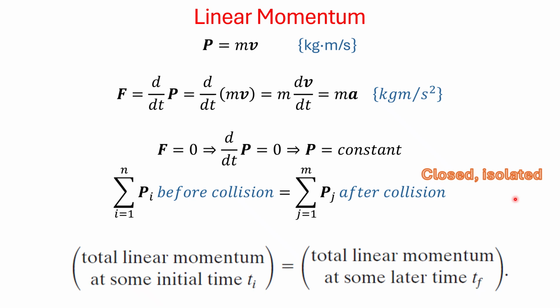And thus we rewrite that as total linear momentum at some initial time, that is before collision, is equal to total linear momentum at some later time Tf, after collision. They are one and the same.